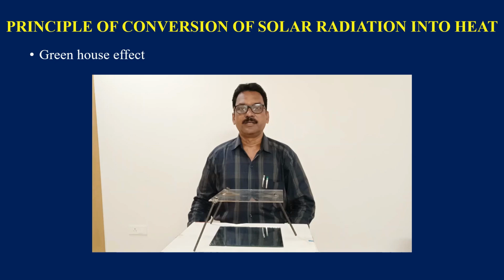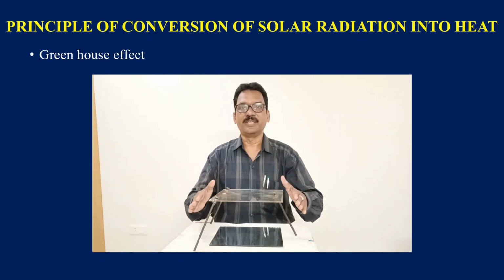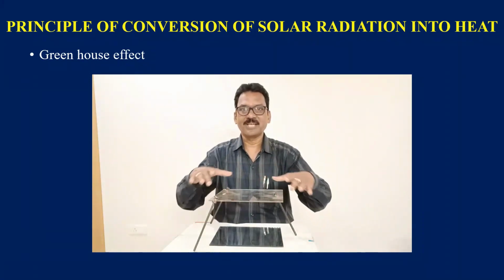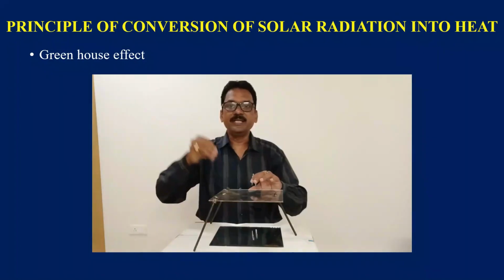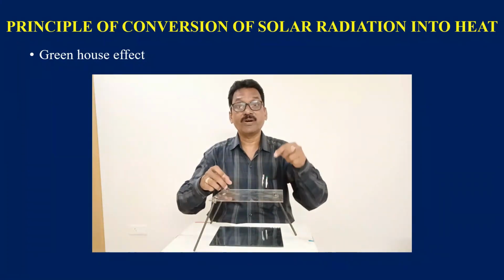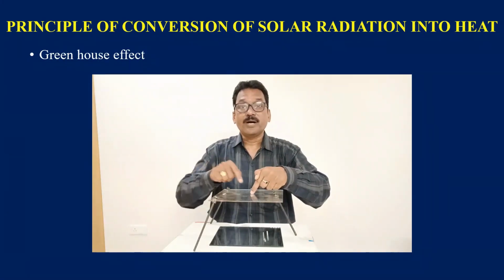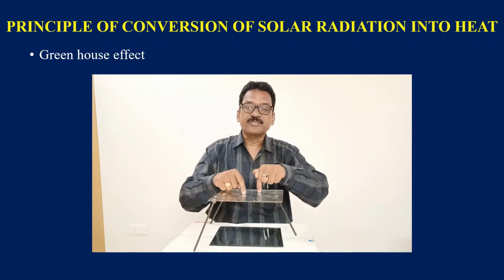Now let us understand through an experiment. Dear students, let us assume that this is one greenhouse, a glass house. When solar radiation of visible light wavelengths and shorter wavelength infrared radiation is incident on this glass cover, it is partly reflected and partly transmitted.